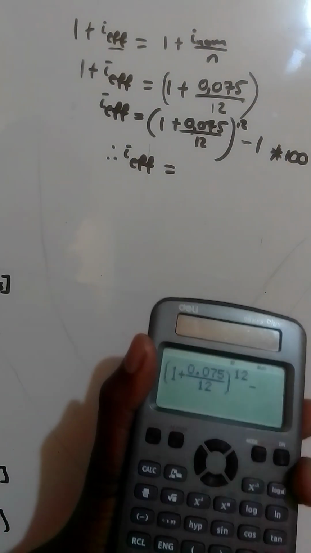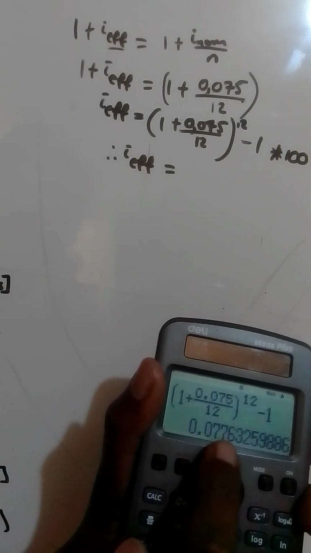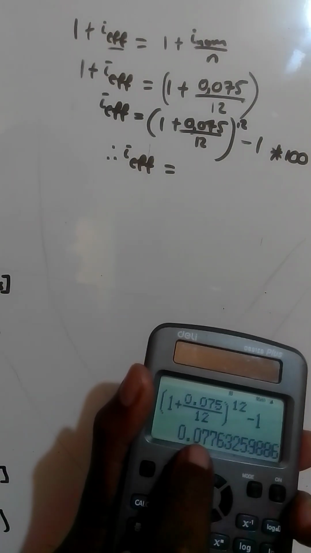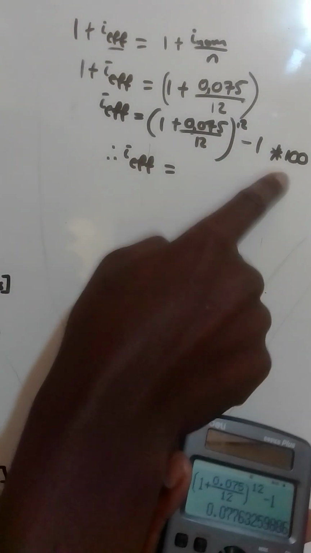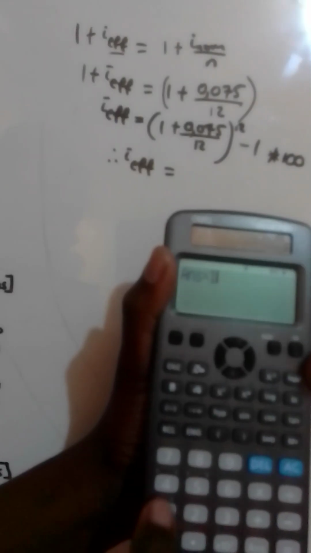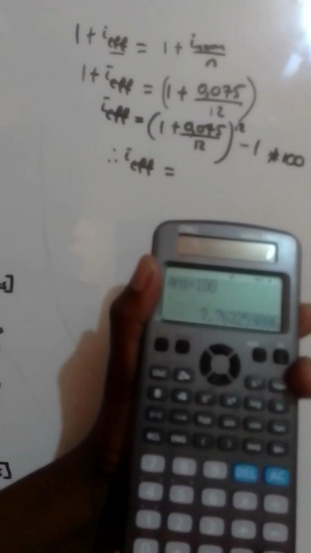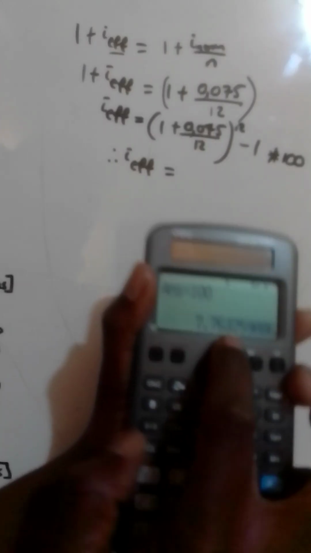So minus 1 is equal to, I get 0,077. And then remember I said you must multiply by 100. So immediately I multiply by 100, it now gives me 7,76. I'm rounding it off to 2 decimal places.